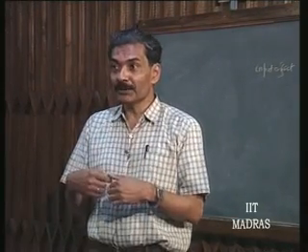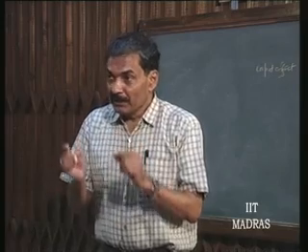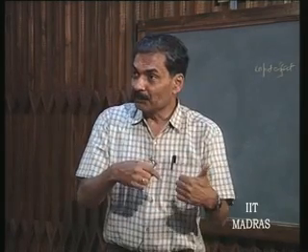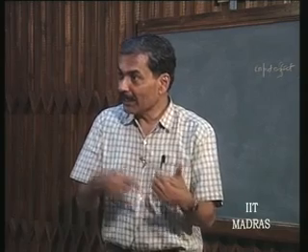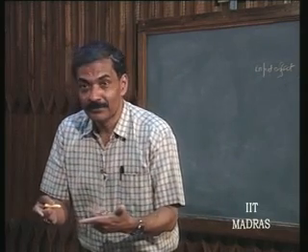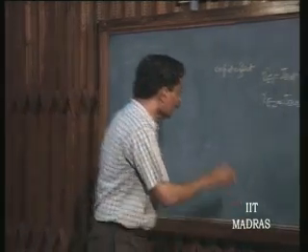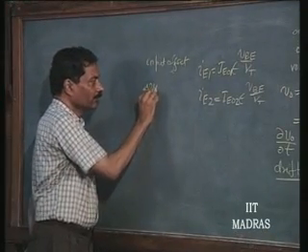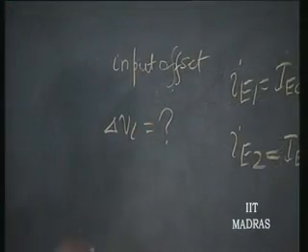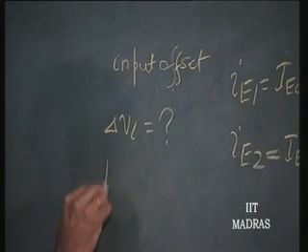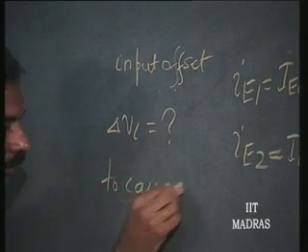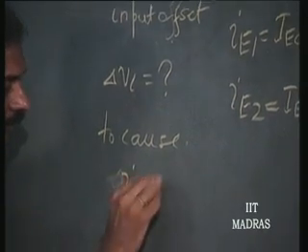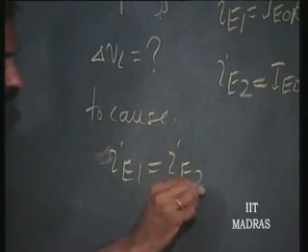And what is that differential mode signal? We can say the input offset therefore is defined as that voltage that I have to apply at the input in order to make IE1 equal to IE2. The input offset therefore is that voltage that I have to apply at the input to cause IE1 to be equal to IE2.